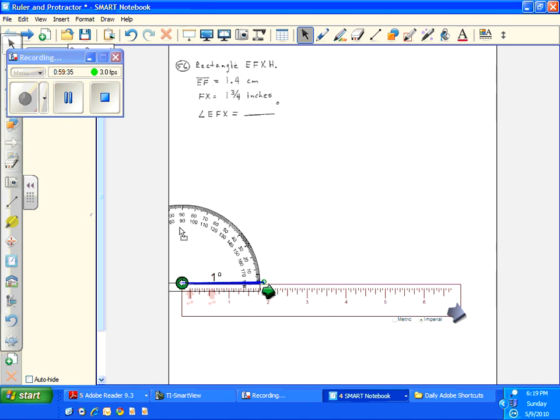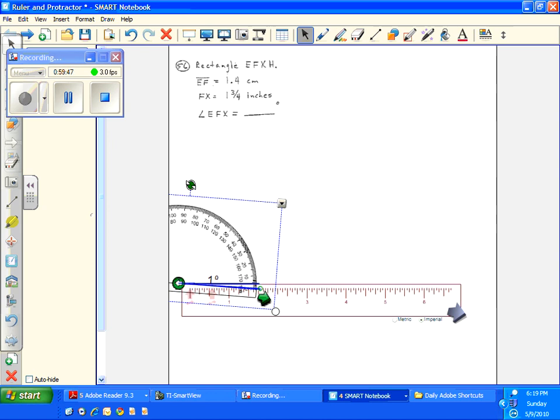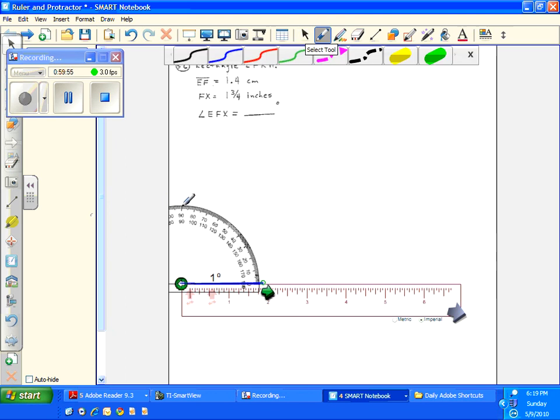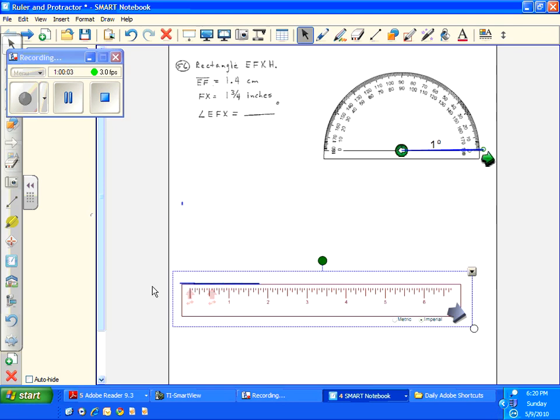We would set the vertex, the hole in the protractor, here on the edge. We're going to line this up on this edge. We want it to be 90 degrees, so we will get a marker and we will mark 90. And then we would remove the protractor, set a straight edge on it.